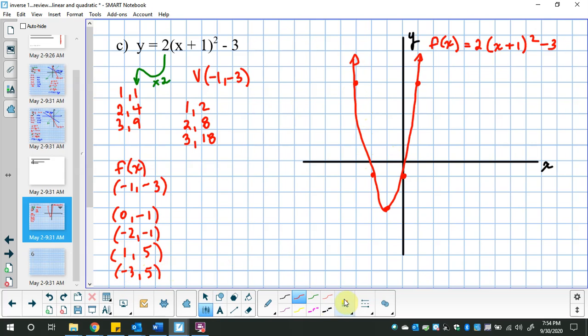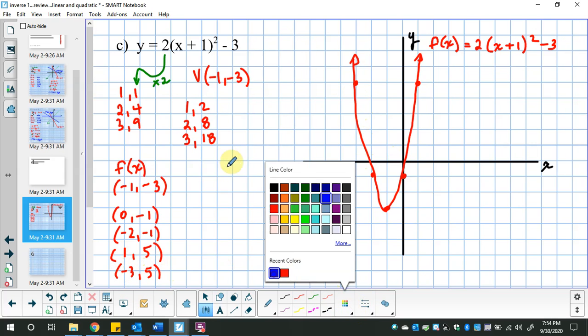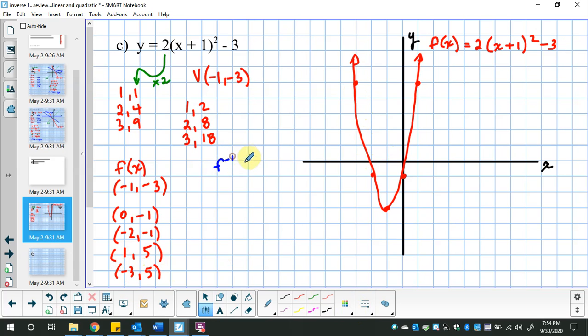Now I get to take those points and do the same thing as I did with a line. It doesn't matter what kind of picture you have, you do the same thing. You just flop these over. Then we're going to have to graph these, connect them, and we will have the inverse of this parabola.